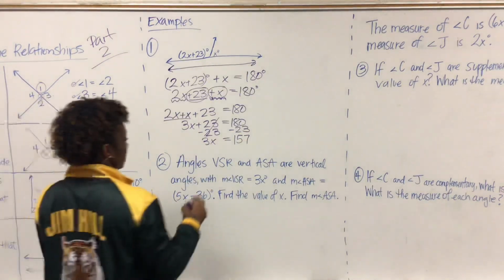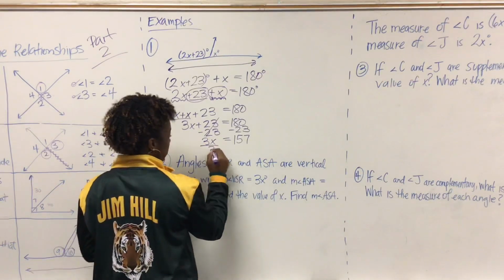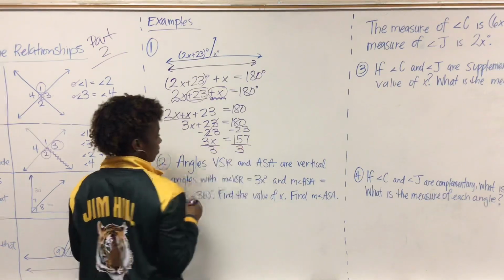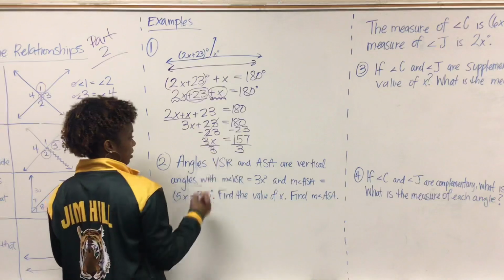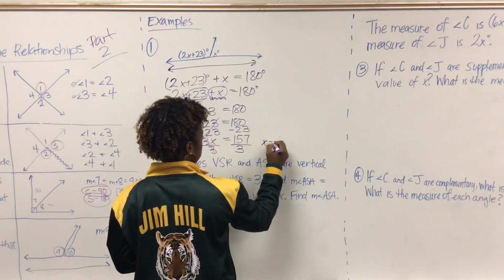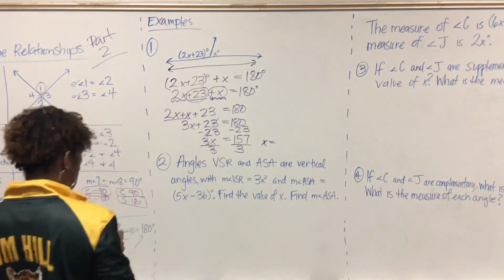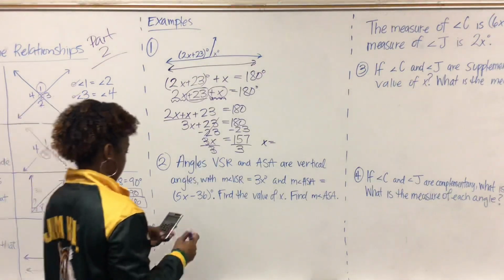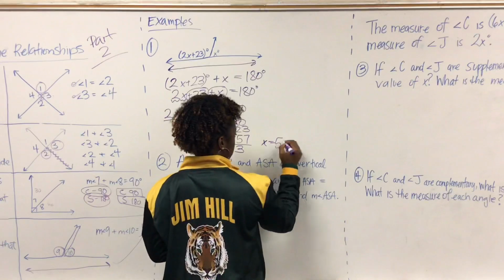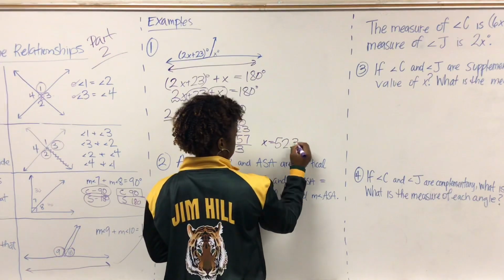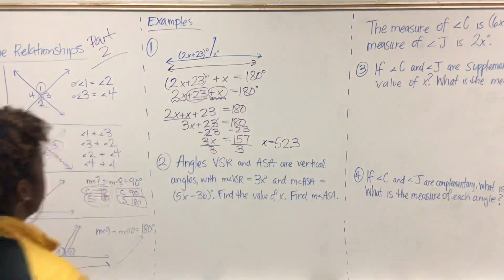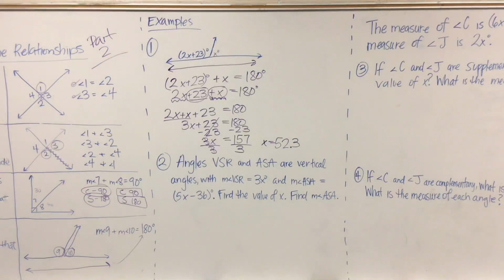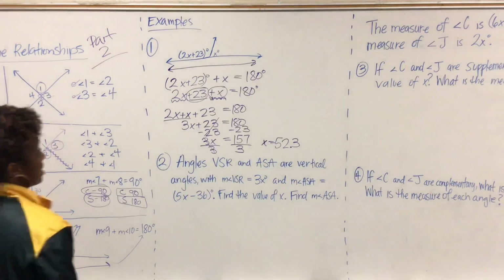All right, so then I'm going to divide both sides by 3. x equals 157 divided by 3, 52, and it has 0.3 remaining, but we'll just say 0.3. So now that is x.